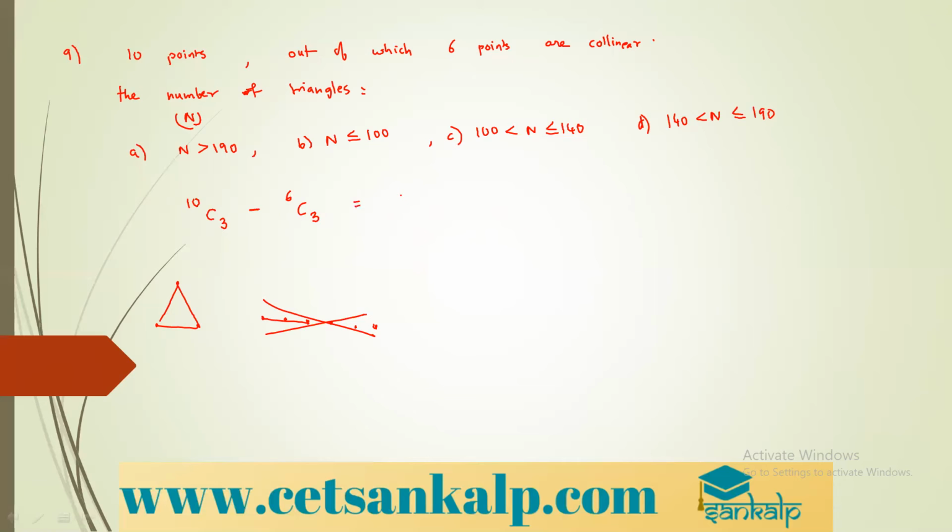That means 10C3 means start with 10, 9, 8, take 3 numbers by 3 factorial, 3 into 2 into 1, minus, start with 6, take 3 numbers 6, 5, 4, divide by 3 factorial, 3 into 2 into 1. So 3 threes, 2 fours. 3 to 6 cancel. So 3 fours 12 times 10, 120 minus 5 into 4, 20. So I'm getting 100 as the answer.